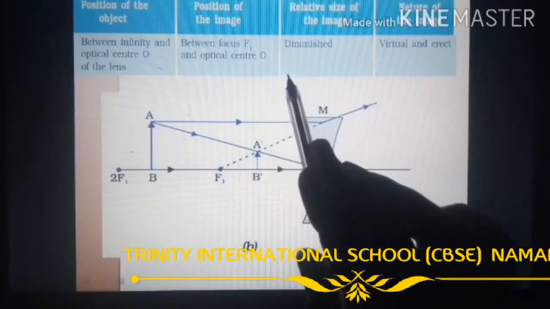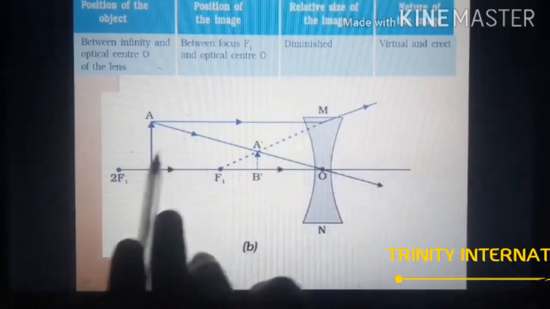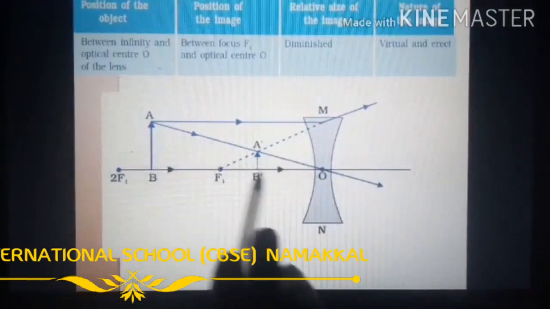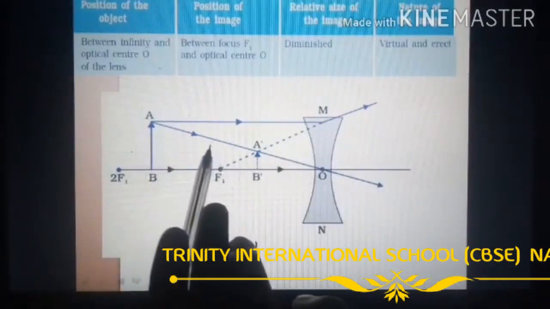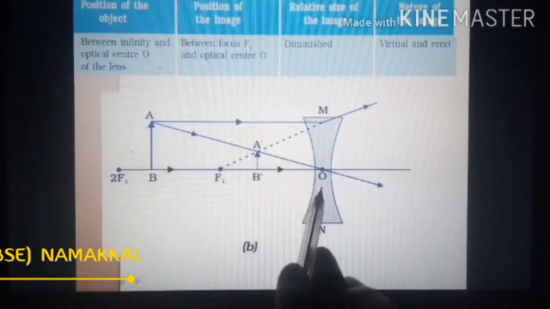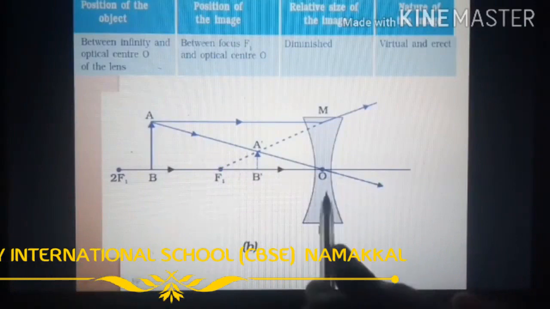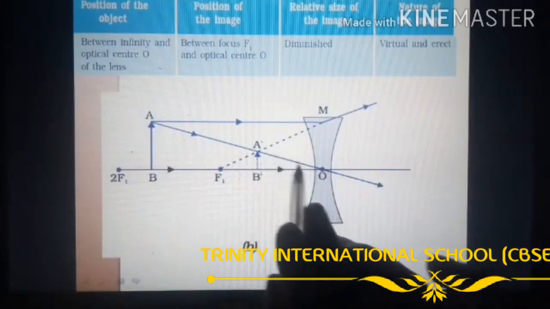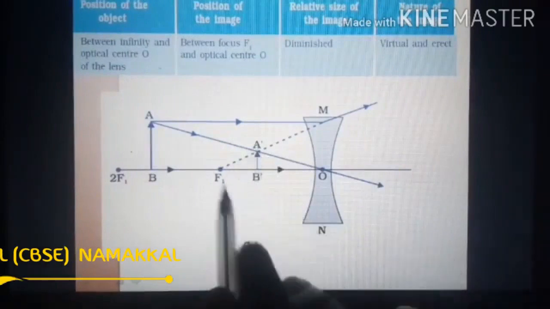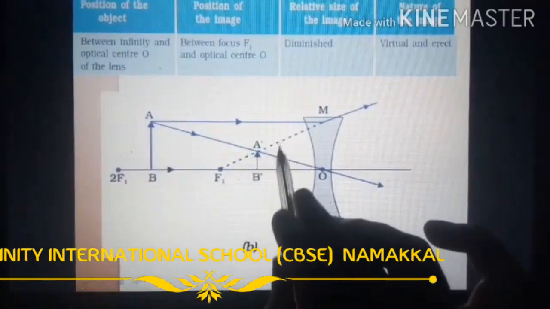For the second ray, we always choose the ray that passes through the optical center. After refraction it emerges without deviation, so we extend the same line on the same straight line. It will meet at the point A dash. So these are the two refracted rays.